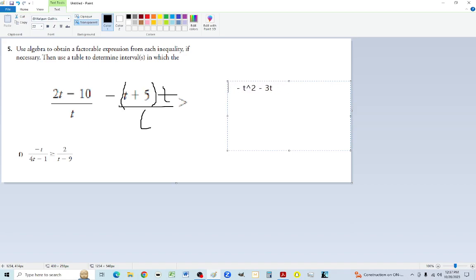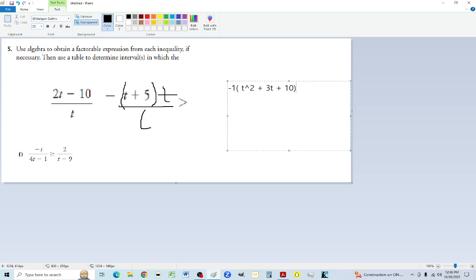And the minus 10 can go at the end. And then when I factor out a minus, I get minus 1 times t squared plus 3t plus 10. A number that multiplies out to 10 and adds up to positive 3 is not solvable.